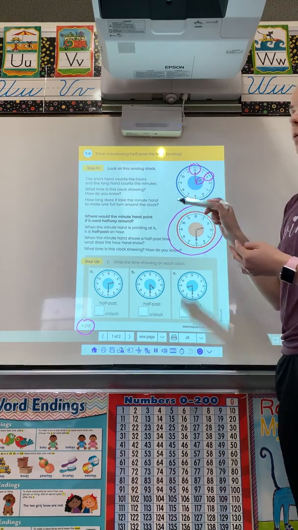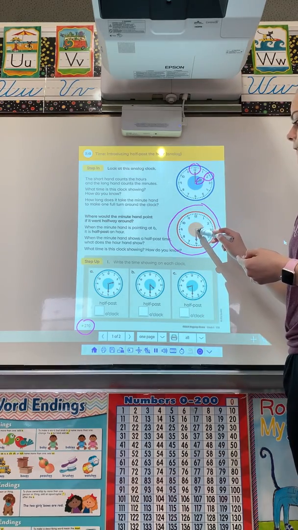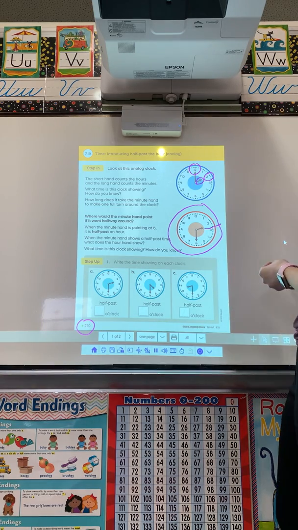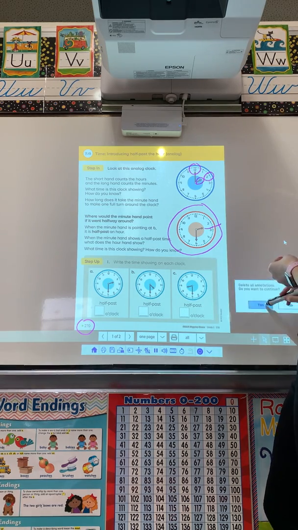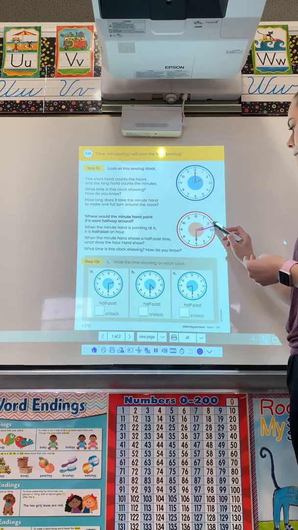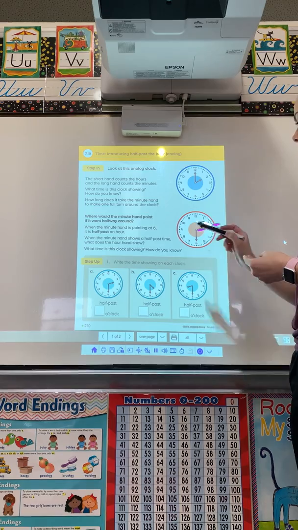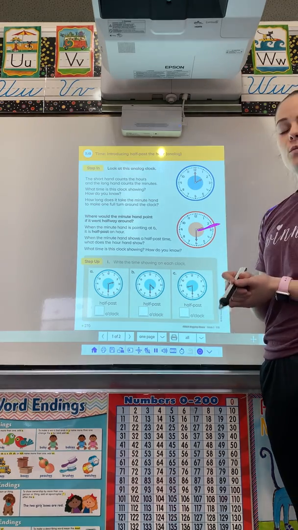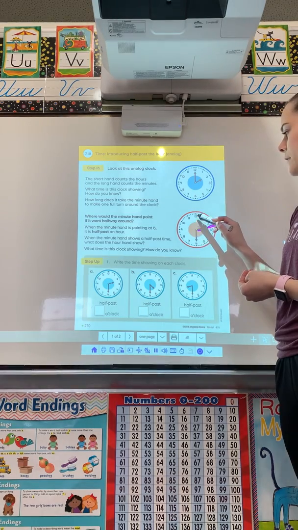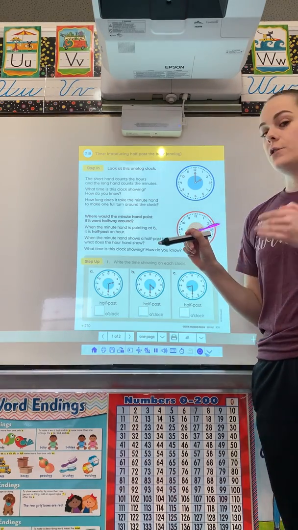Now if we look at the second one, we see that the little hand isn't on a number. It's in between the 2 and the 3. So we know that we don't have the big hand on the 12, so it's not an o'clock.